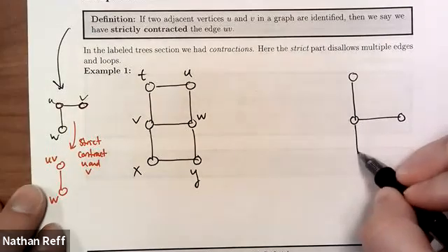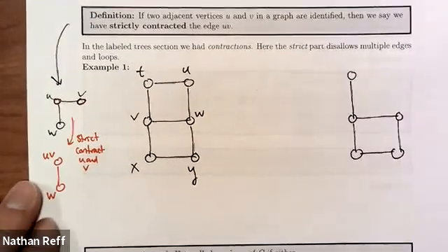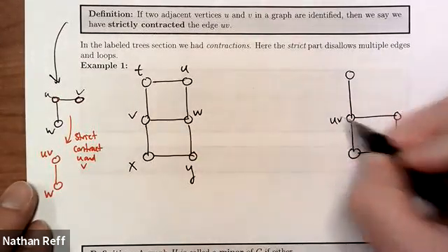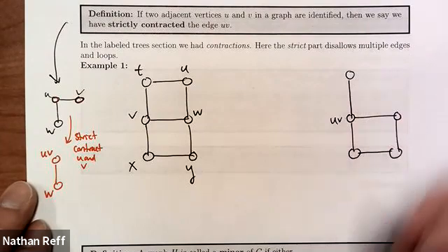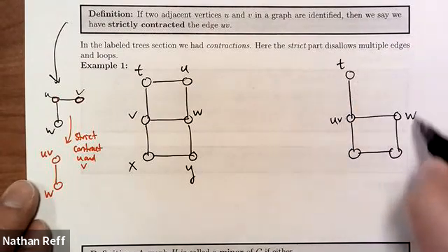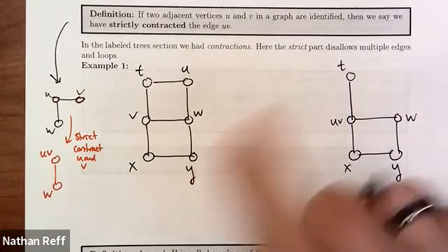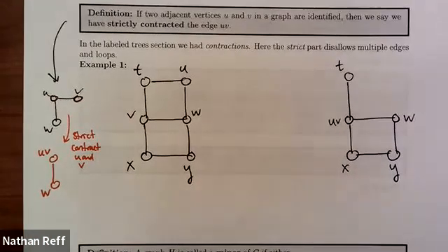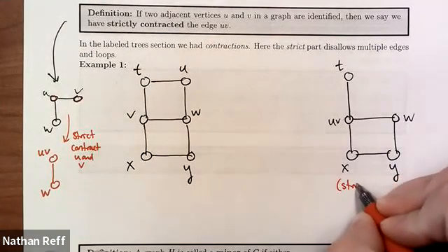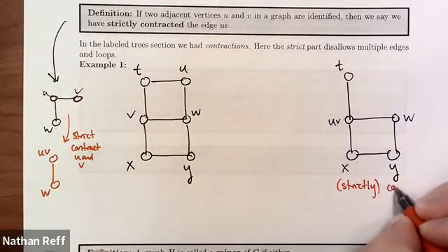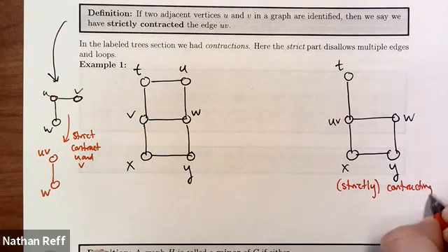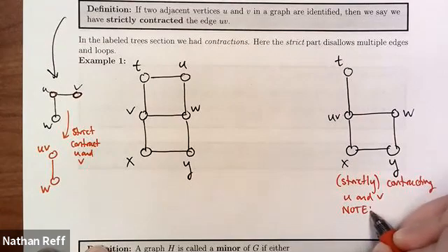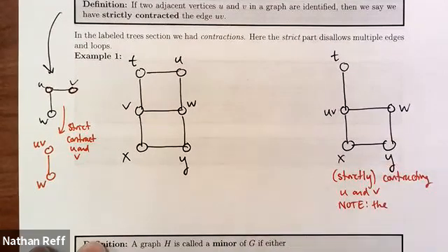So you'd just end up with this. This is what would happen if you identify U and V together. So this is strictly contracting U and V, and note the graph remains simple.